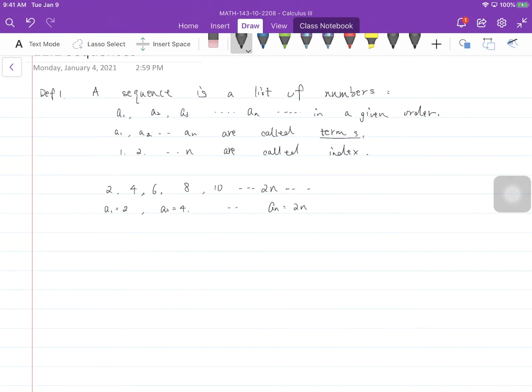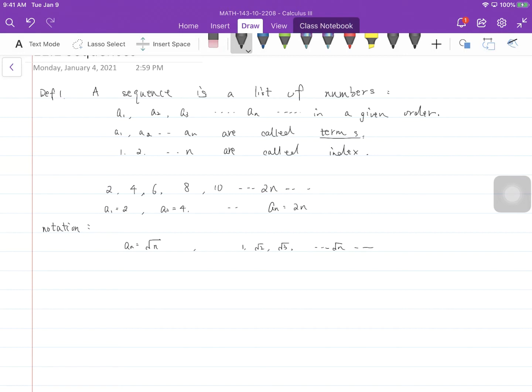Let's see the notation. There are several notations. The first one: sometimes the sequence is given by just the formula of an, for example an equals root n. This sequence means 1, root 2, root 3, and root n, like that.